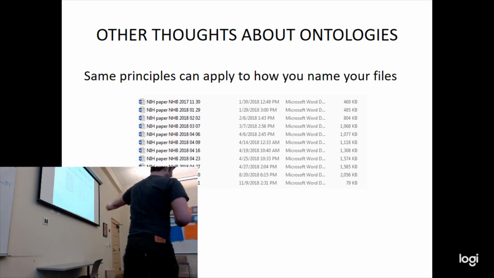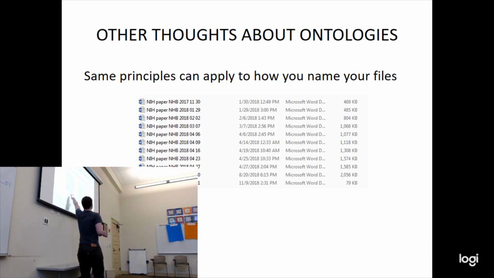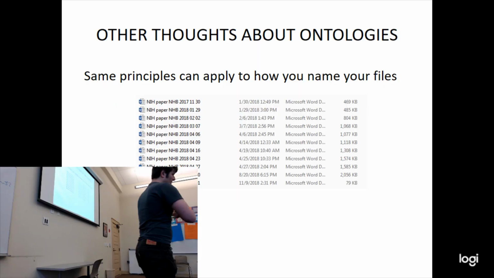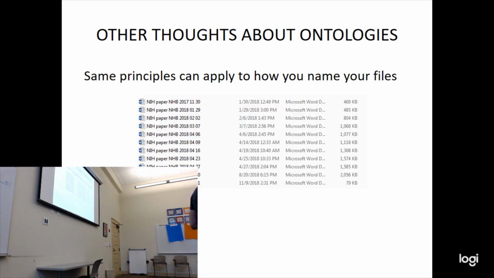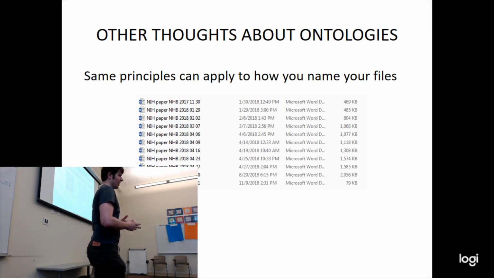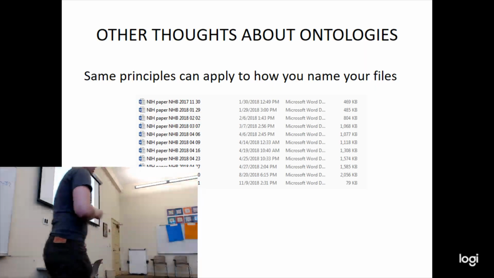Well, here are all the versions, and here they are split up by date as well, if I wanted a version from a particular date. So this idea of building some structure into how you name stuff is a pretty big idea that applies to a lot of different places in your workflow, and it can be very powerful if you use it correctly.